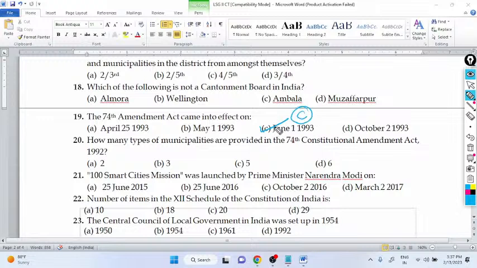How many types of municipalities are provided in the 74th Constitutional Amendment Act? 3 types. Mission, okay, that is June 25, 2015.